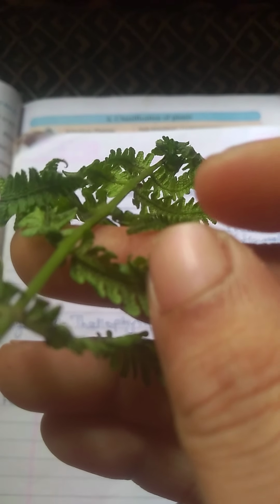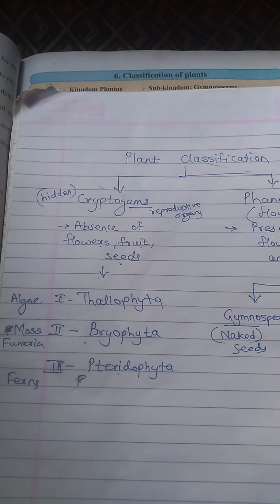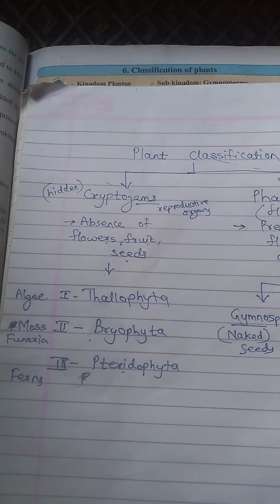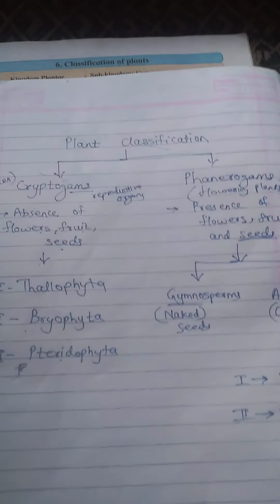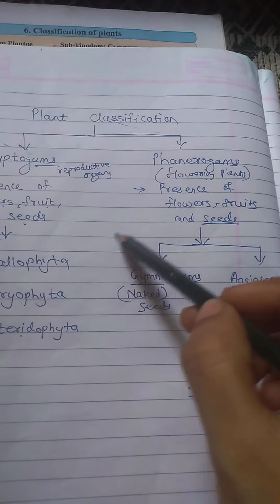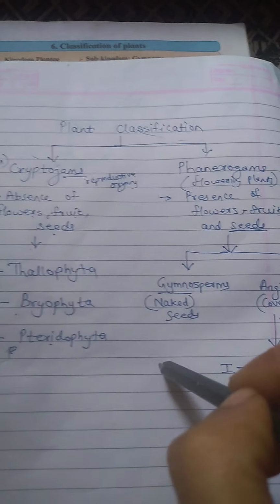You see the small spores. The spores are useful for the plants to reproduce new plants. This is a short description about the lesson.